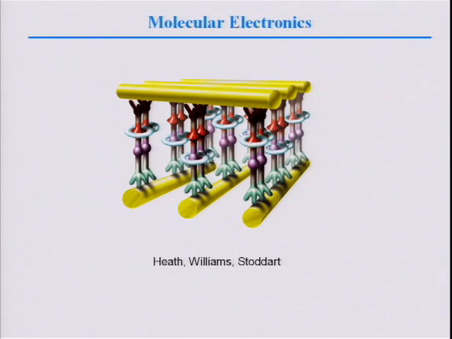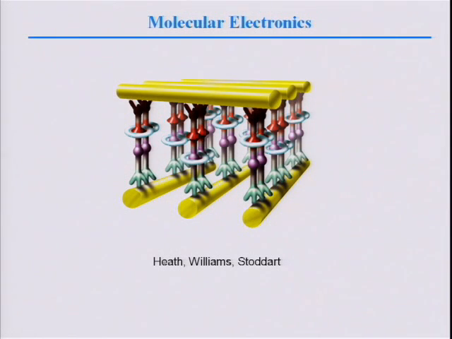So I mentioned to you, among all the nanostructures, molecules are one type of nanostructure. They have a size scale around a nanometer also. In the last 10 years, several research groups, especially Jim Heath's group at Caltech, and Stan Williams' group at HP, with work also at UCLA, have been developing molecular electronics and trying to use really tiny molecules to function as a switch.